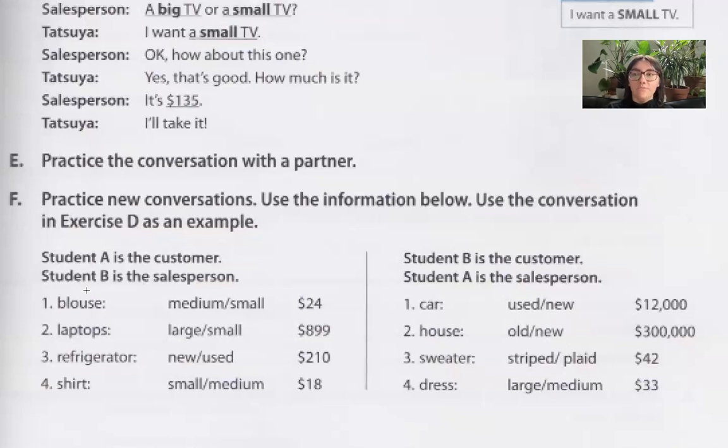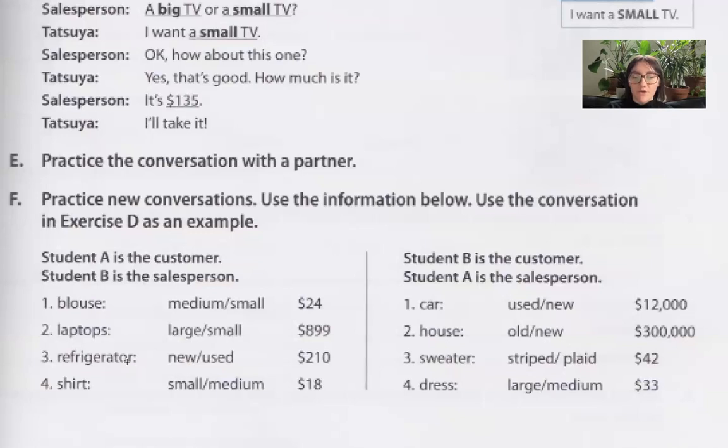And then you want to describe. I am looking for an old house. Or you could say, I am looking for a used car. I am looking for a striped sweater. So even though the describing words come after the noun in some languages, when we use an adjective, we want to use it before.